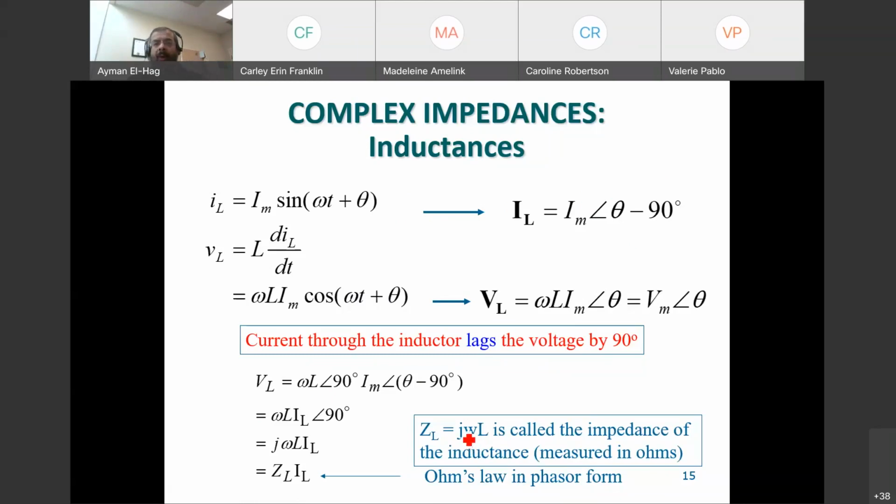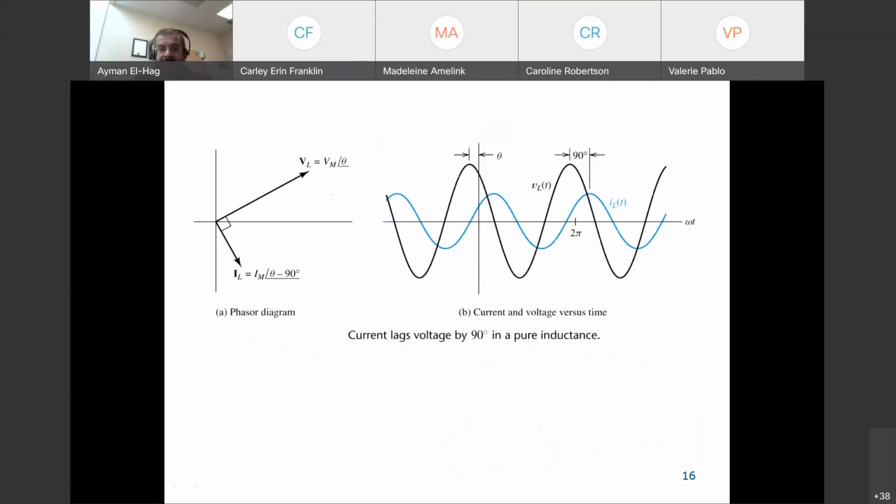The supply will dictate this omega and the value of ZL, which is an impedance, and its value is in ohms. So we can add it to the resistance.